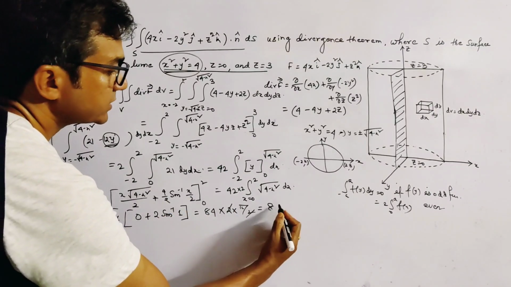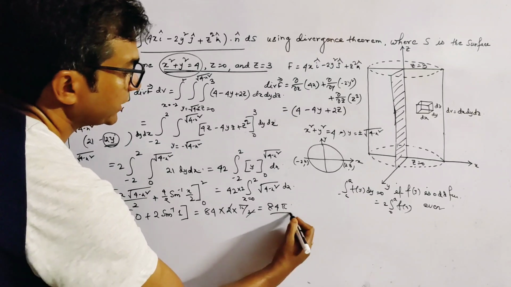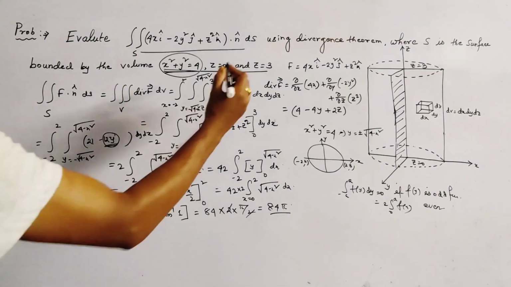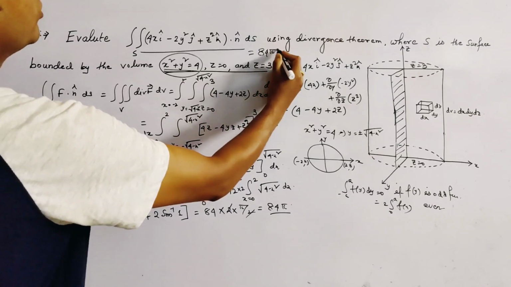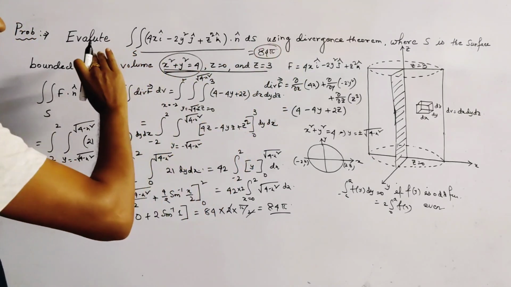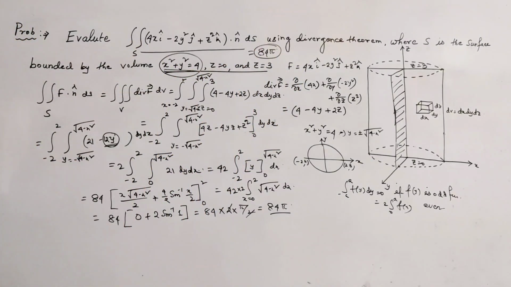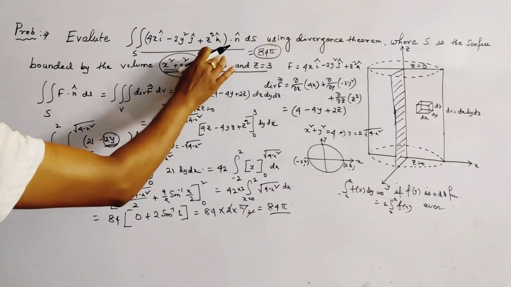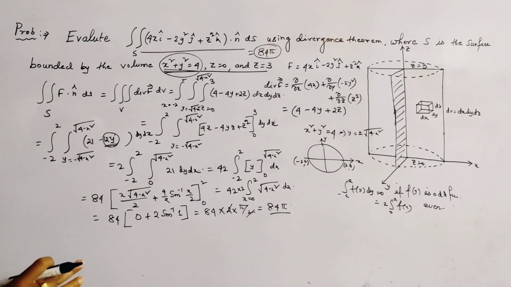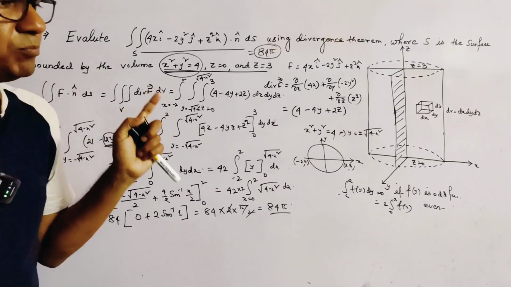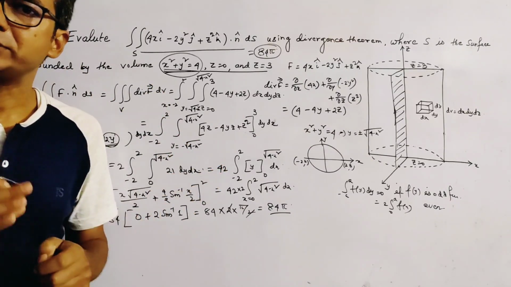So our answer is 84 pi. Okay, so the answer of this integration is 84 pi, and we use the divergence theorem, and we find the volume integration, not the surface integration. This is an important application of the divergence theorem.